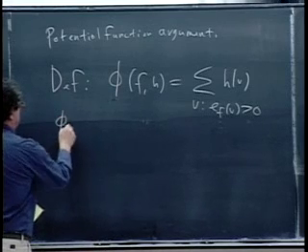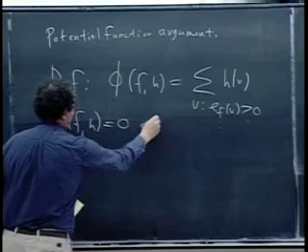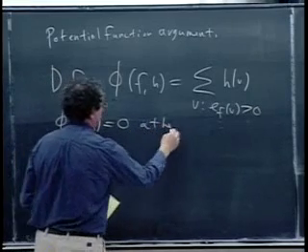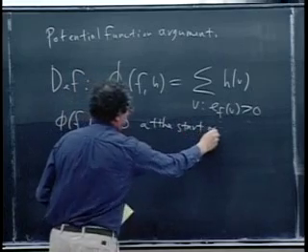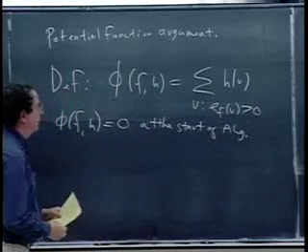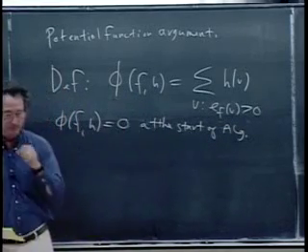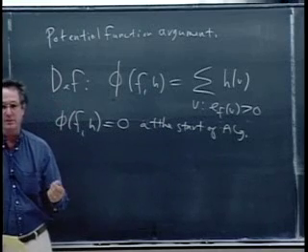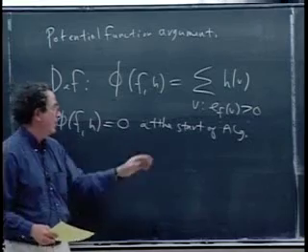At the start of the algorithm, I should have defined that the source is not considered to have excess. It has an infinite supply there, but that's not considered excess.